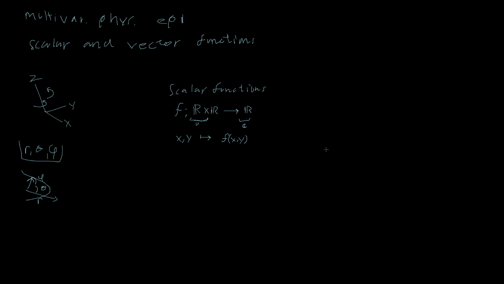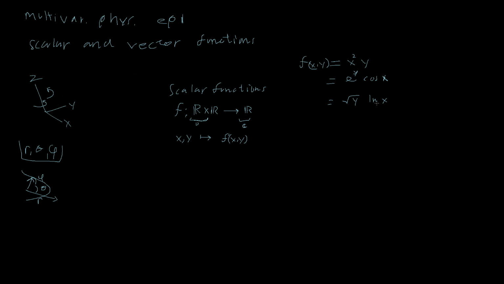To think of an example, I'm going to think of something really simple. We'll take this function, f of x, y is equal to x squared y. Really simple. Another example, e to the y cosine x. Or maybe we have square root of y and natural log of x.